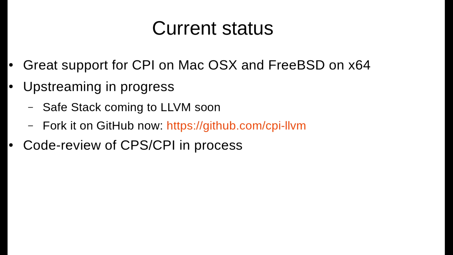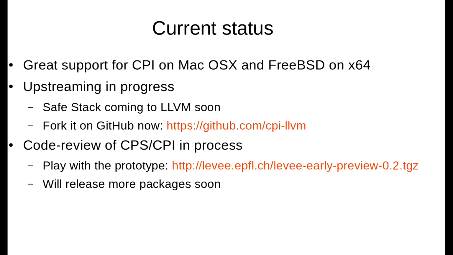Also, we're currently working on a code review for code pointer separation and code pointer integrity. There's still a couple of bugs to be fixed. You can still play with the prototype. It's out there. Download it, try it out. We will definitely release more packages and updated sources soon.